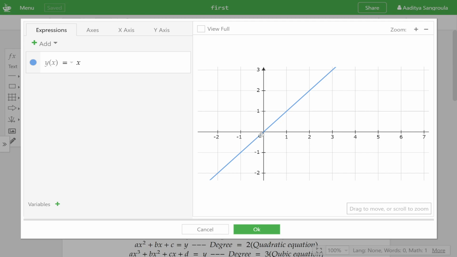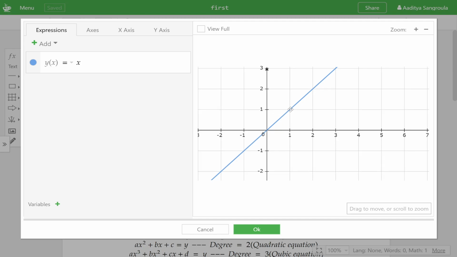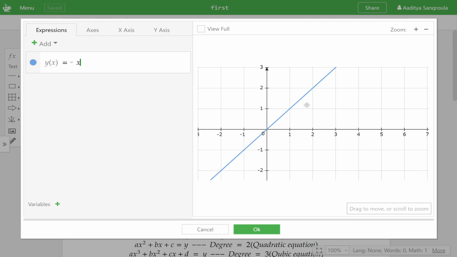Now for the rise, let's say we look at these 2 points. We look at 0, 0 and 3, 3. So how much have we risen from 0, 0 to 3, 3? Well, that's going to be the y coordinate of 3, 3 minus the y coordinate of 0, 0, which is 3 minus 0, divided by the run.